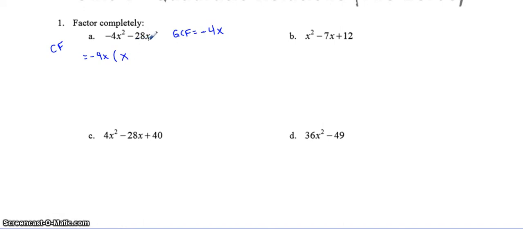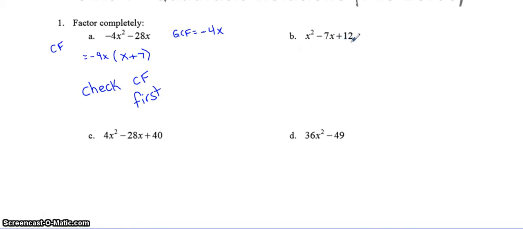Negative 28x divided by negative 4x is positive 7. And that's what you do for greatest common factoring. Common factoring is the factoring that you should check for first. As soon as you see a question, you should always check for a common factor first.